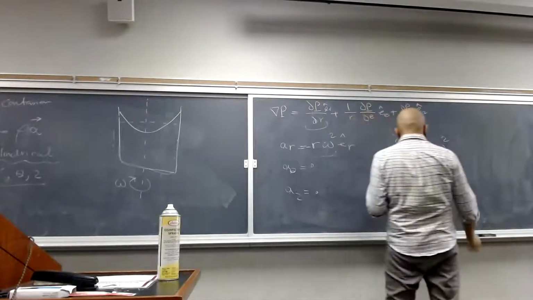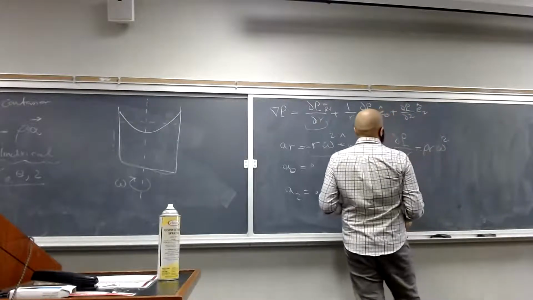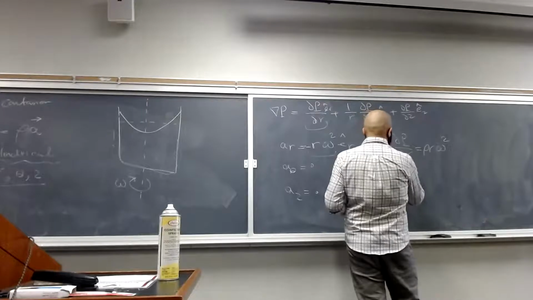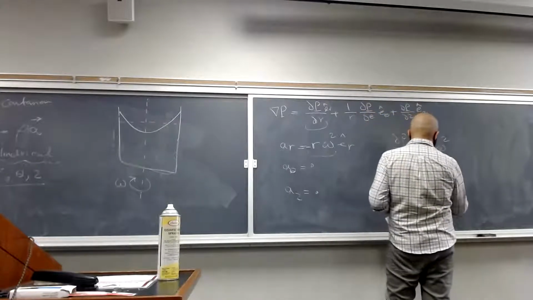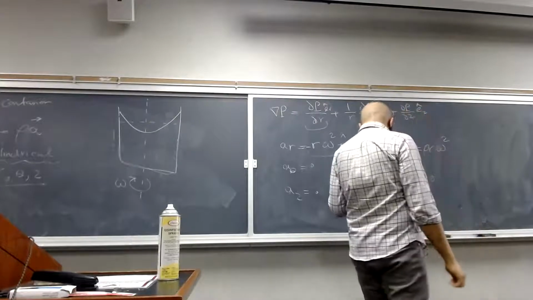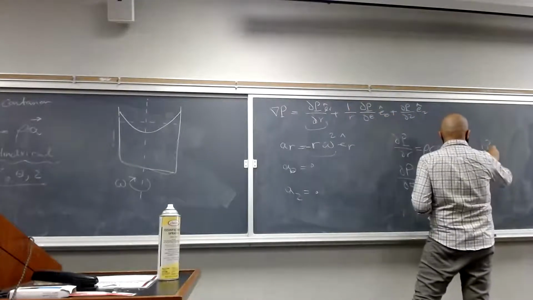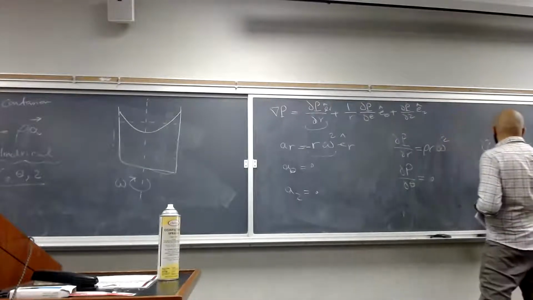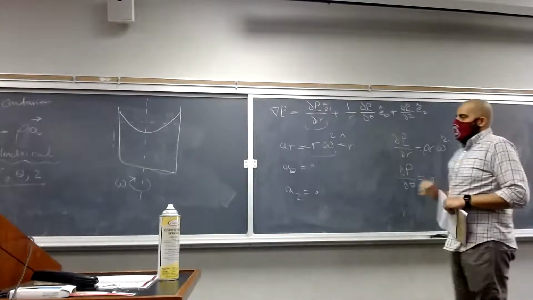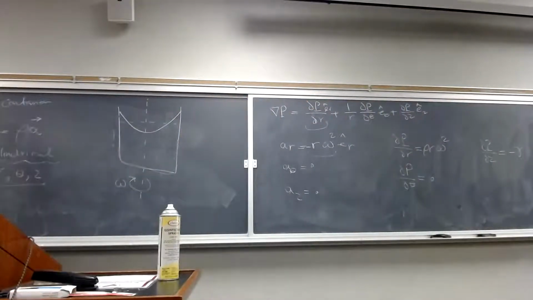I forgot the rho. And partial p, partial theta is going to be equal to 0. And partial p, partial z is going to be equal to negative gamma, which is there because of the weight of the fluid.